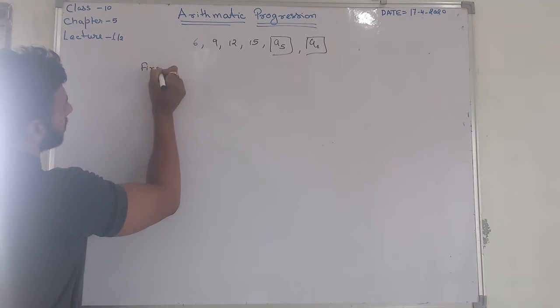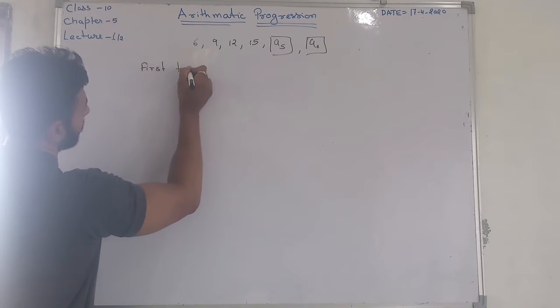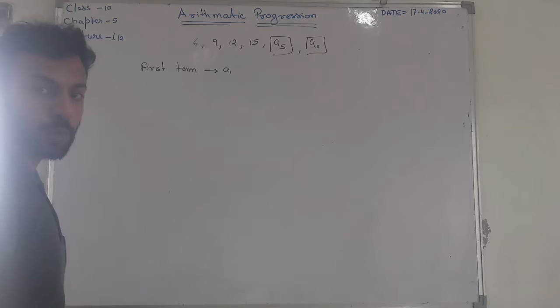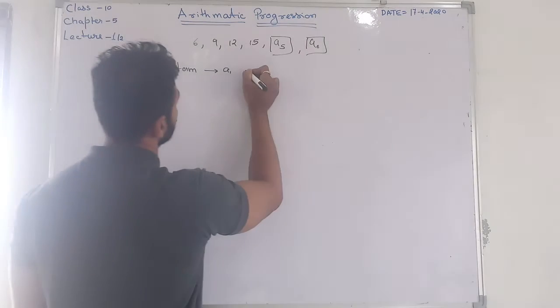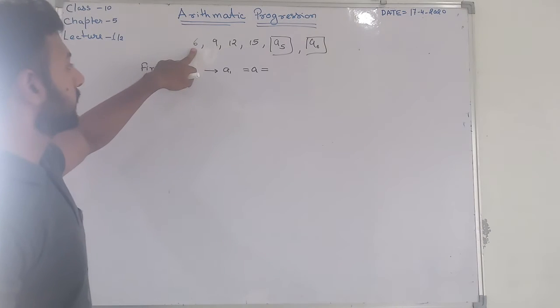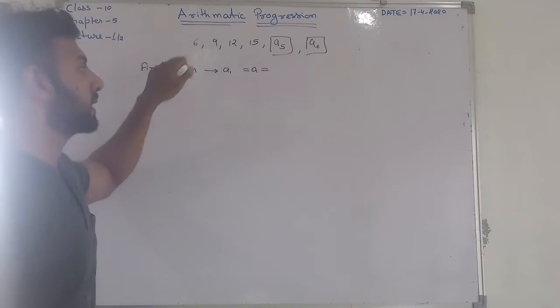First term. The first term is A1, which we suppose as A. Here the series is starting from 6, so the first term is 6.